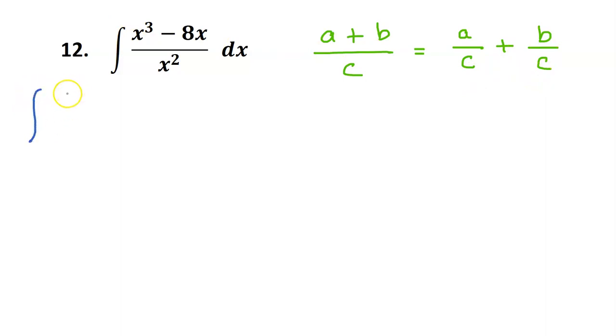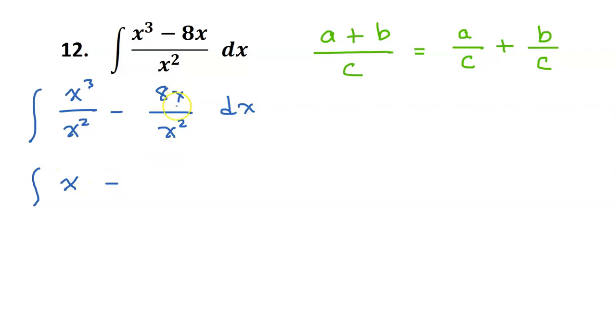So this will be the integral of x to the third power over x squared minus 8x over x squared dx. Let's simplify each fraction. So the first fraction simplifies to x. I see these x's will cancel each other out, so I have 8 over x dx.